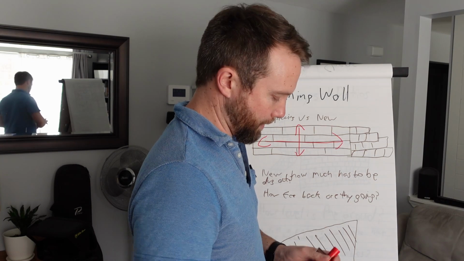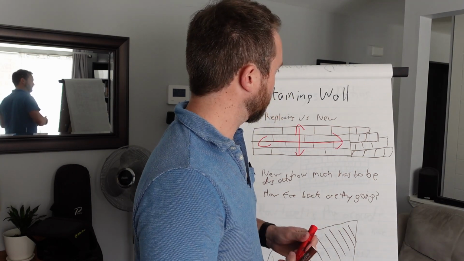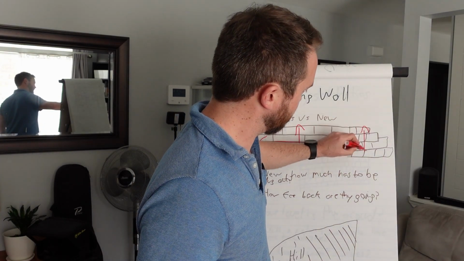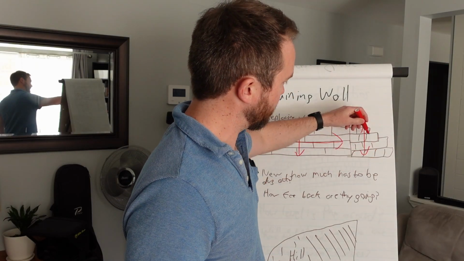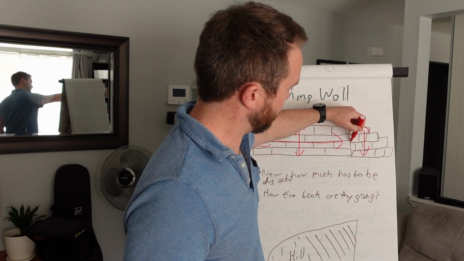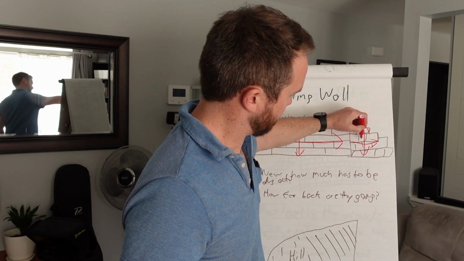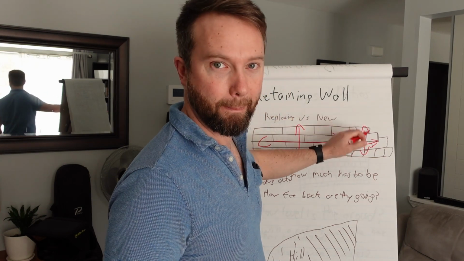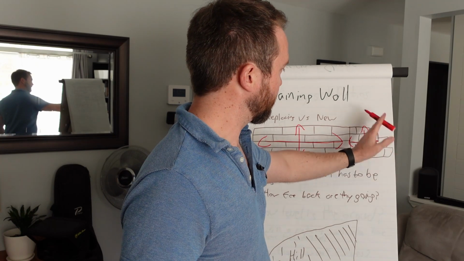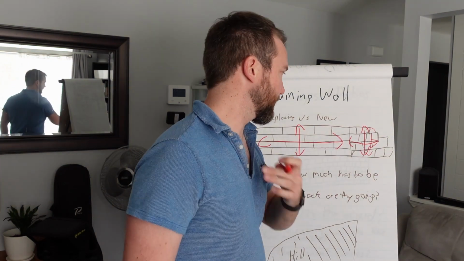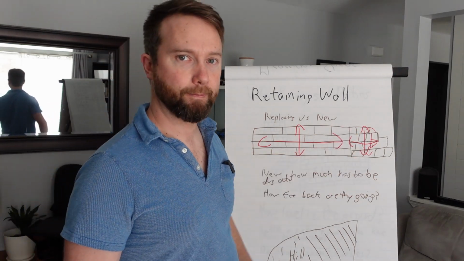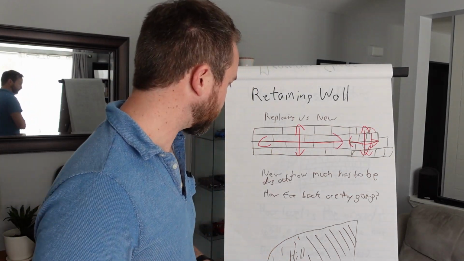So again, we would measure the height, and then you would measure the width, and then you would try and find the middle of the slope of this retaining wall and measure the height that way. And that'll give you the average of that slope.